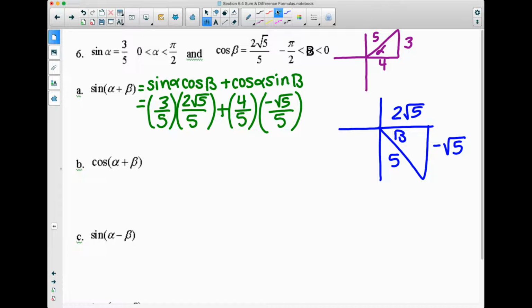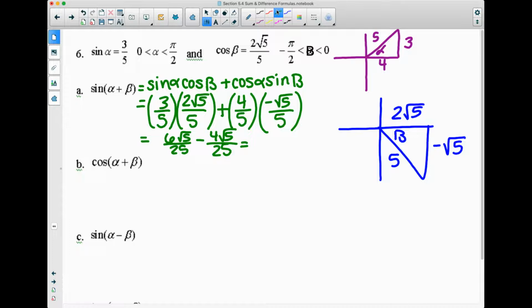So that's why we need that other missing sides. So we get 6 root 5 over 25 minus 4 root 5 over 25.